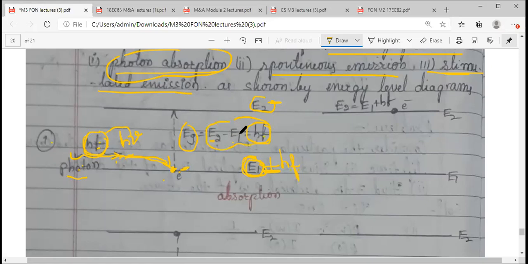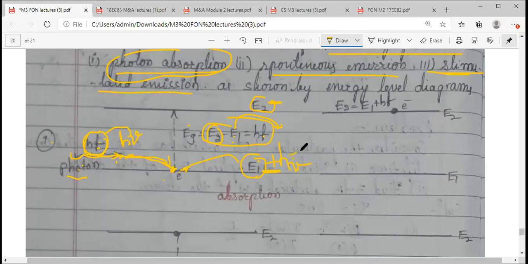Just rearrange the terms: earlier the electron's energy was E1, and when the photon is incident it absorbs the photon's energy. From this equation, if you take E1 to the other side, E1 plus hf will become E2.